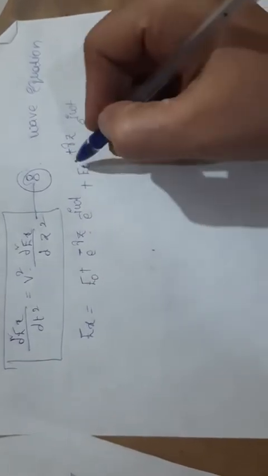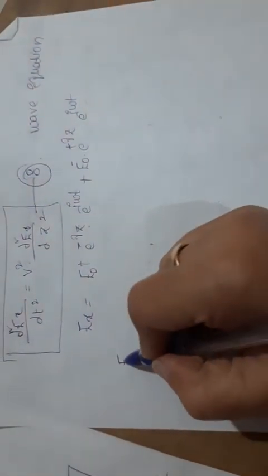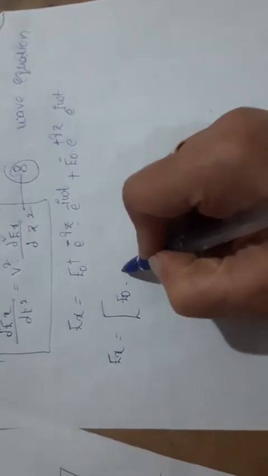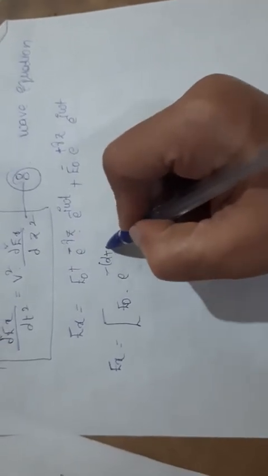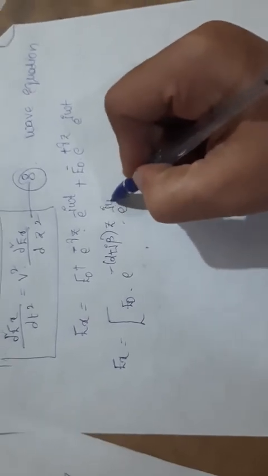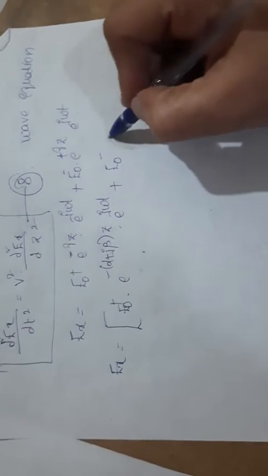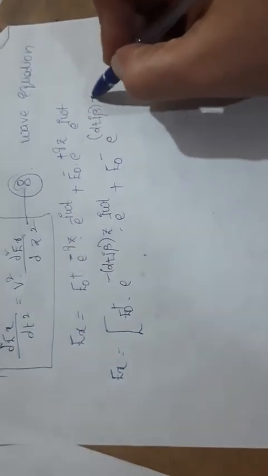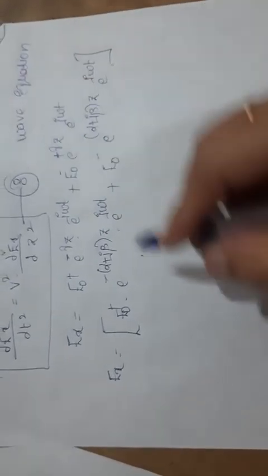So Ex is equal to E naught plus e power minus gamma, which is nothing but alpha plus j beta, z into e power j omega t plus E naught minus e power alpha plus j beta z into e power plus j omega t.